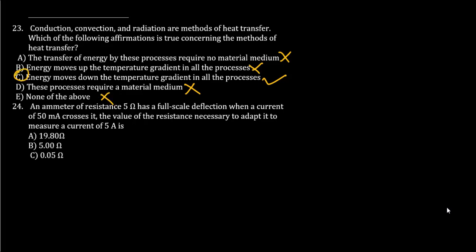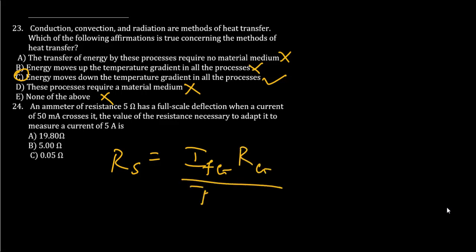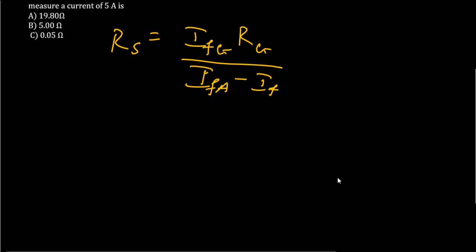Question 24. An ammeter of resistance 5 ohm has a full-scale deflection when a current of 50 milliamperes crosses it. The value of the resistance necessary to adapt it to measure a current of 5 amperes is. So the shunt resistance RS is simply given by the full-scale deflection current times the resistance of the meter divided by the desired full-scale deflection current minus the full-scale deflection current of the meter, IFS.